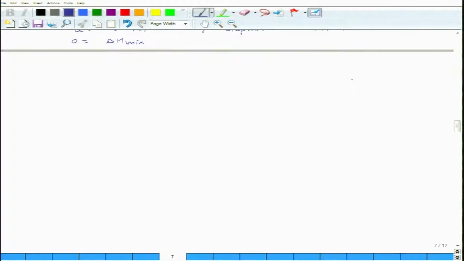So, this is an example of a binary liquid mixture, which means basically we can write water and ethanol.